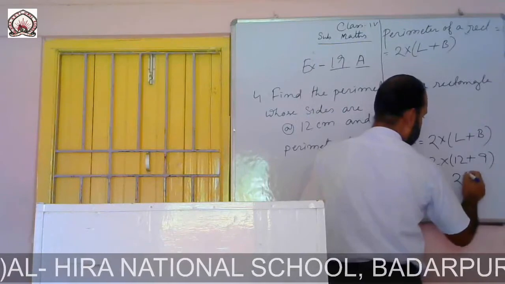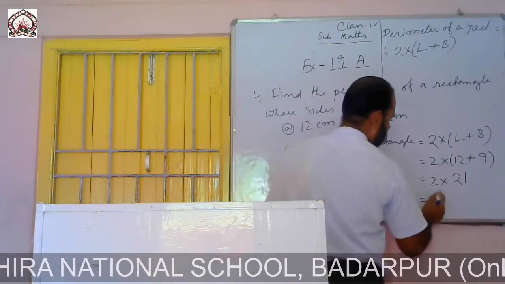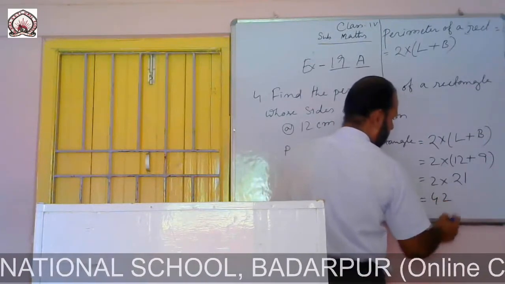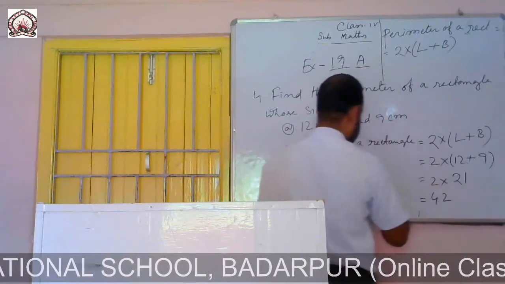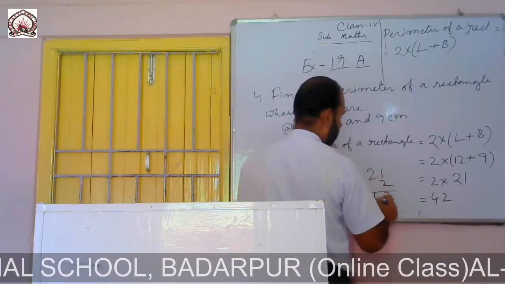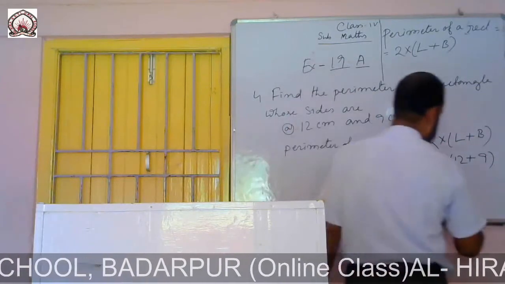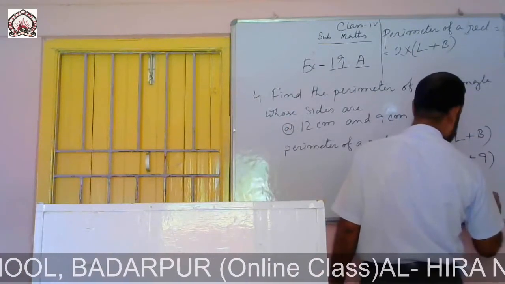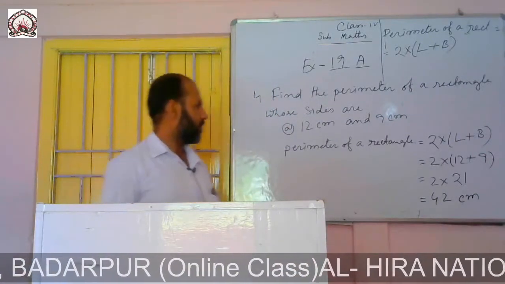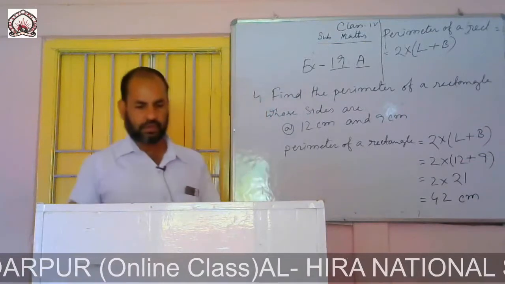So 21 twos are 42 centimeter. So the perimeter equal to 42 centimeter.